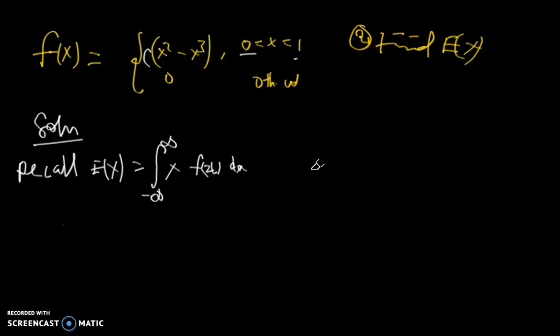So now we have the integral from 0 up to 1 of x times 12 times x squared minus x power 3 dx.